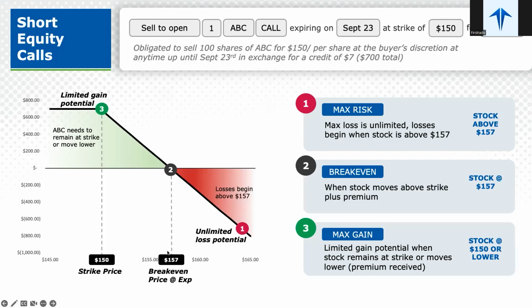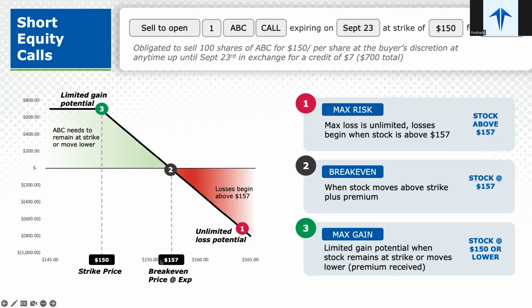Break even is exactly the same. As the underlying security moves up, that is where the obligation kicks in. So this still would be what we call an in the money option, because the right to buy at 150, if the market was at 157, is much more favorable.